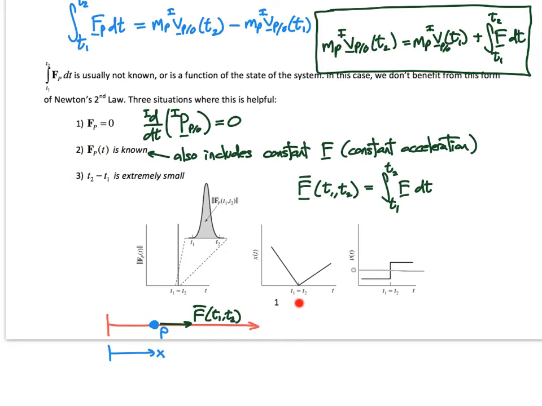We see that here because x is still equal to 0 at that time. However, when we take a look at our speed plot over time, we see that at the application of the impulsive force in the positive direction, we see an instantaneous change in speed from being negative to being positive. And so that institutes a change in speed, which is also a change in direction of the path. So we see a change in momentum.